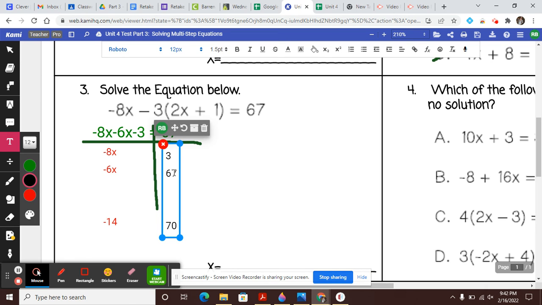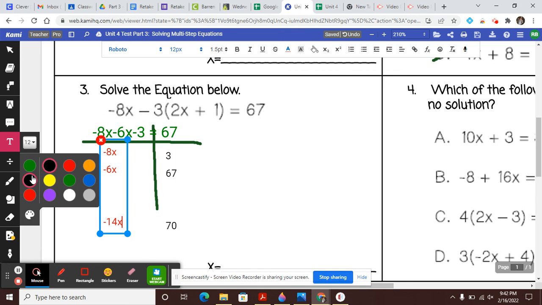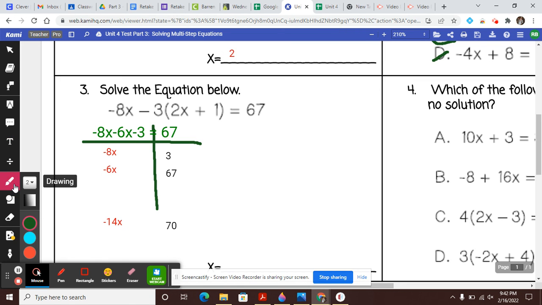Okay. One of the things I forgot to do is when I brought that down, I forgot to bring down that x. And I need to know that I'm going to take that 70 divided by my -14x. When I do that, I am going to get an answer of y, or x, equals 5, or -5 actually. So we're saying that when I do 70 divided by -14x, I am going to get x.